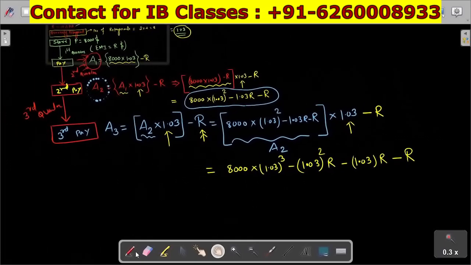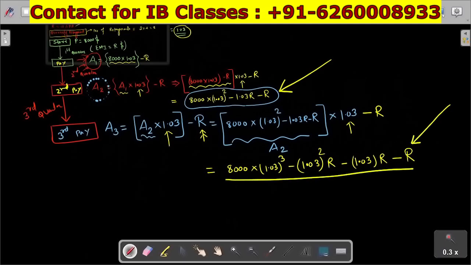Similarly, we can now find it for the fourth, fifth, any installment. Now we have to be smart, right? We have to observe the pattern. What's the pattern going on? This is the due after the second payment, and this complete expression represents the amount due after the third payment, right?